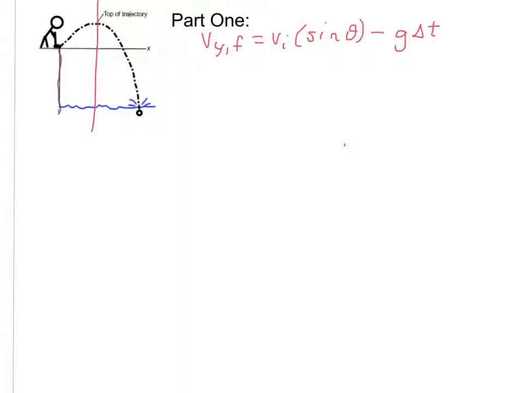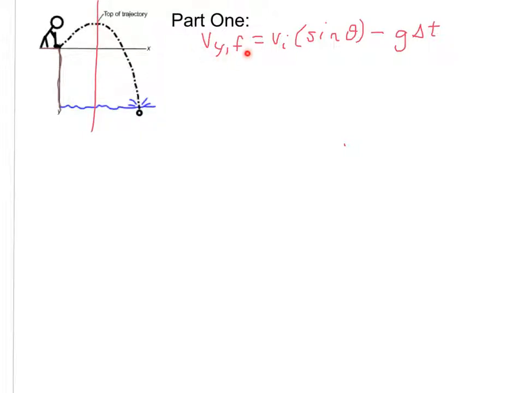Because as this ball is going up, it reaches a point here where the velocity is 0. It doesn't go up anymore. And actually, for one moment in time, it has a 0 velocity in the vertical direction. It then proceeds to go down. But our vertical velocity at this point, the final velocity in part one of the motion, will be 0.